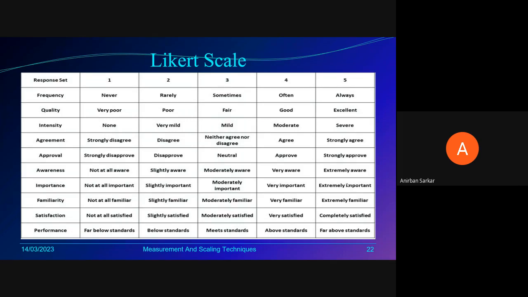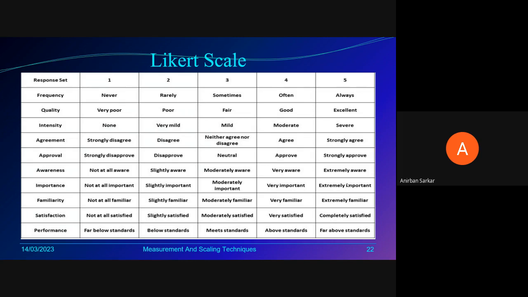Similarly, if you are measuring satisfaction, you may put it like 1 not at all satisfied, 2 slightly satisfied, 3 moderately satisfied, 4 very satisfied, 5 completely satisfied. So on the basis of the responses, whether you are measuring frequency or quality or intensity or agreement or approval or awareness or importance, familiarity, satisfaction, performance, you may use this 5-point Likert scale.